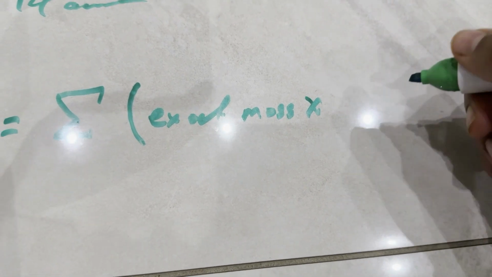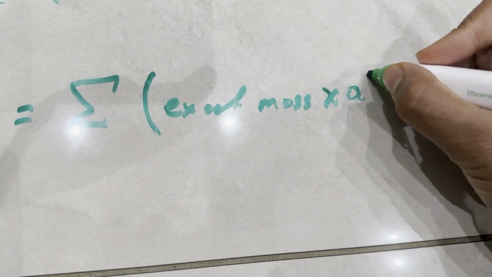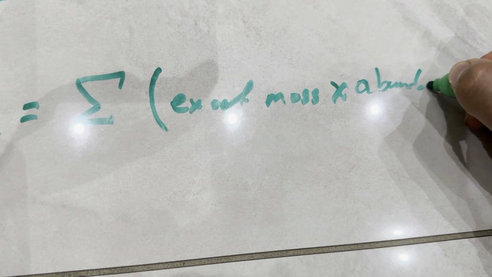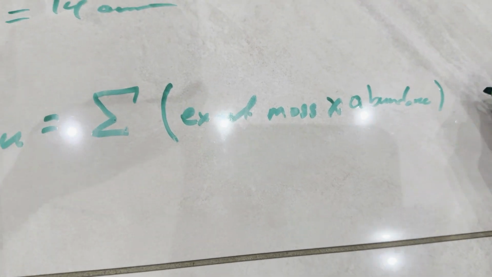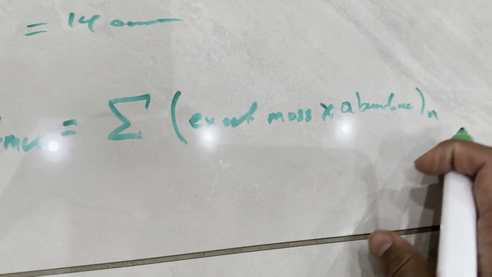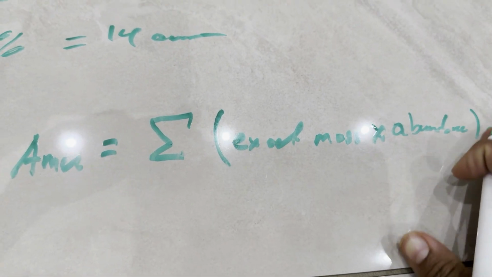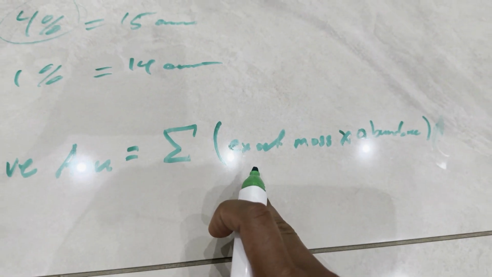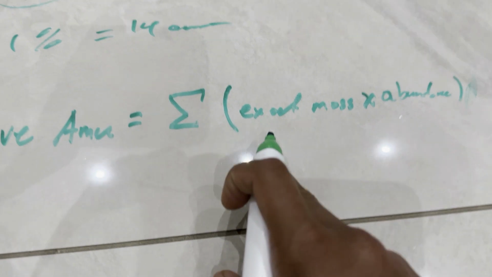Basically, however many masses we have, so if we have 3 masses, we're going to multiply each exact mass by its abundance, say 95%.